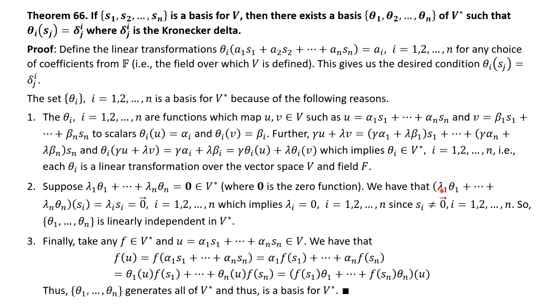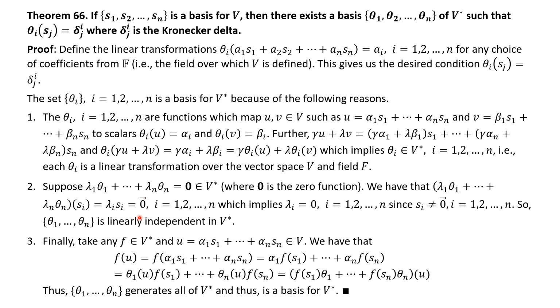Okay, and then if we apply this function to s sub i, on the one hand, since we know it's the 0 function, its output is the 0 vector. And on the other hand, applying this to s sub i, looking at these terms here, the only one that's not 0 is theta sub i applied to this, which would give you a 1, and that would be times lambda sub i.